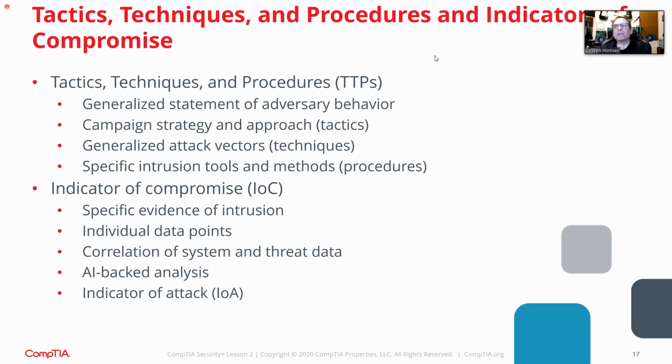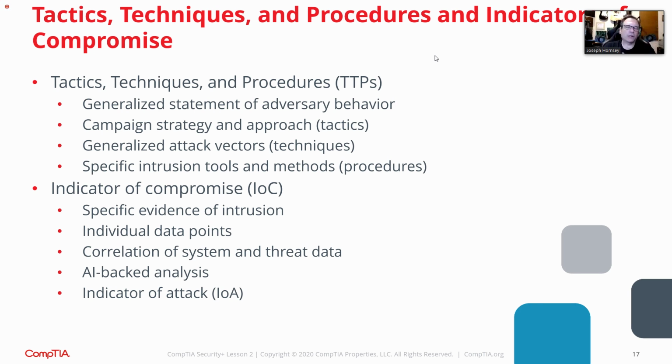So maybe if I'm REvil, and that's the group, and I'm using the Ryuk ransomware, maybe the general campaign or strategy, the tactics, are going to be that I am targeting a particular industry for whatever reason.